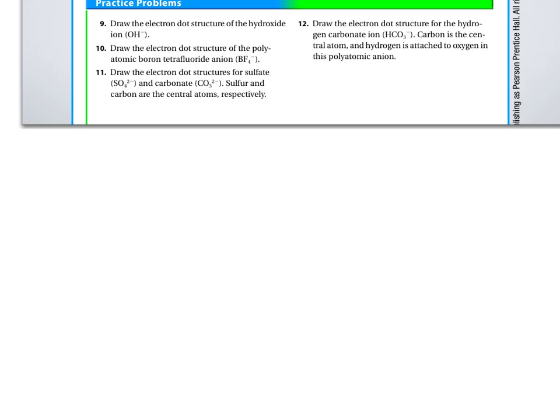Alright, so let's do the first one, SO4 2 minus. Now 2 minus tells me I've got 2 extra electrons. Once again, whenever you're trying to figure these out, things tend to be very symmetrical, with something in the middle and things around it. That's pretty common. So you've got S with 4 oxygens, so let's put the S in the middle.